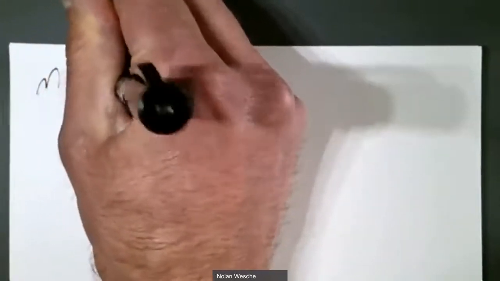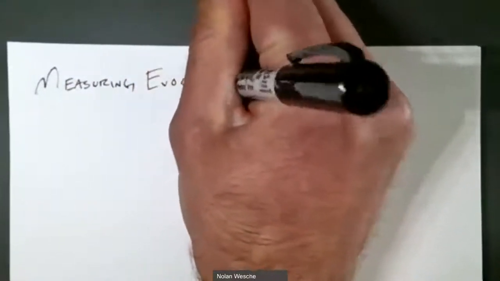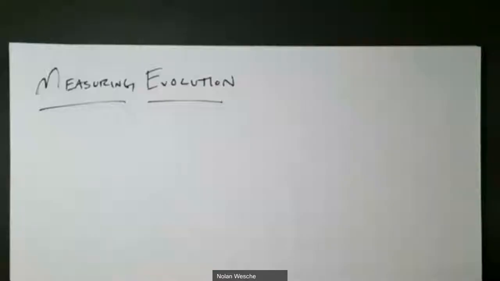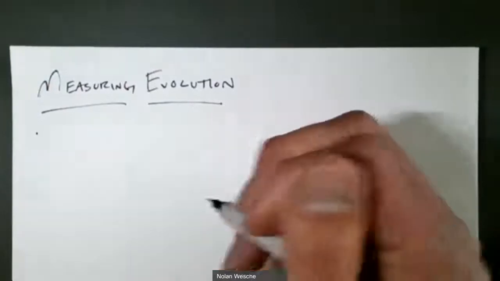So again, we're looking at measuring evolution. Essentially, to do this, we use a set of equations, right? And they are called the Hardy-Weinberg equilibrium equation.